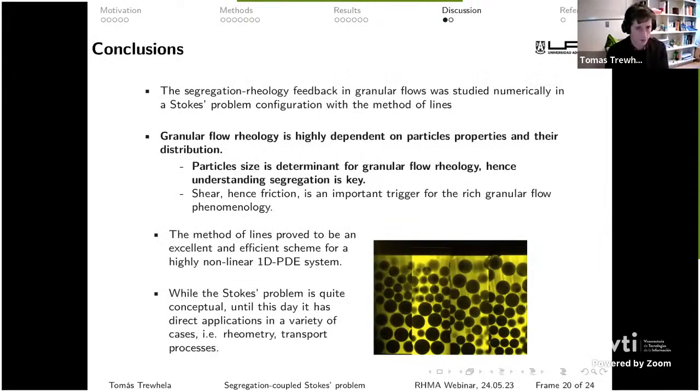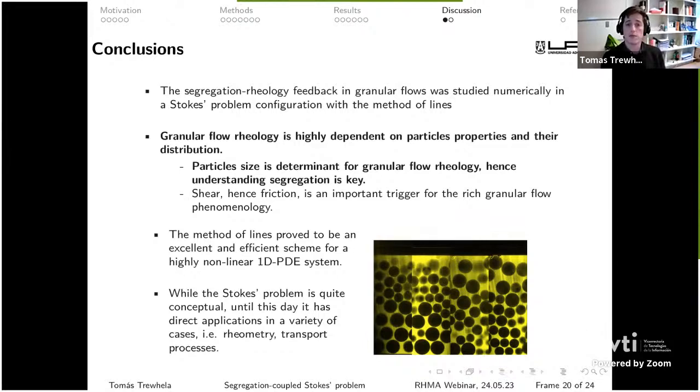So to put a little bit of conclusion and perspective on these results, because I think I went a little bit too deep into very specific aspects of the segregation and rheology feedback. But most relevant is that this problem can now be studied numerically, and this is because the scaling law is well defined on physical parameters that depend on the same parameters that rheology depends on.